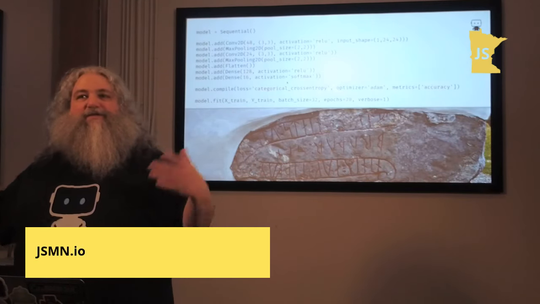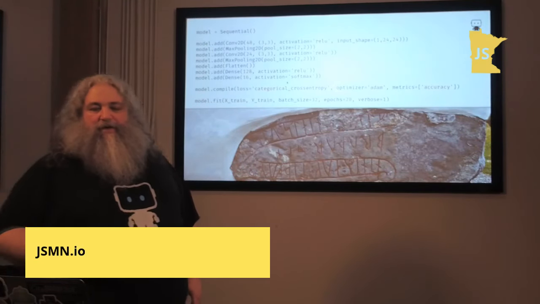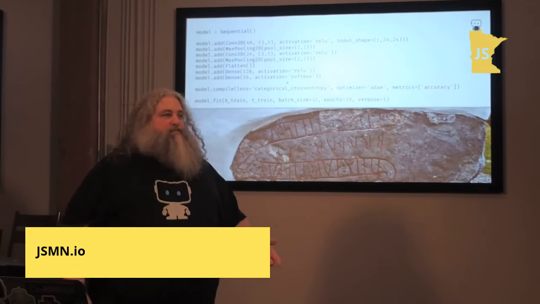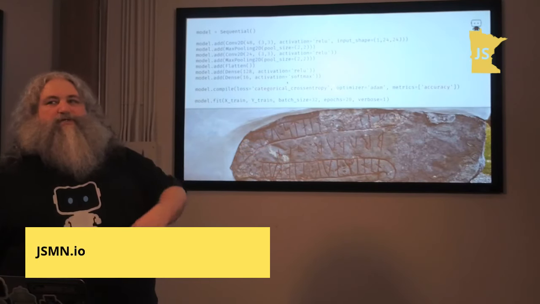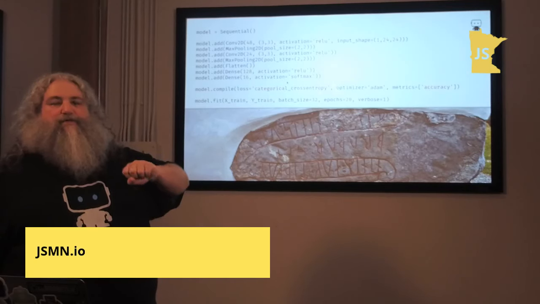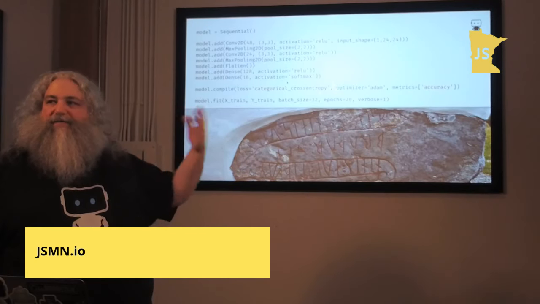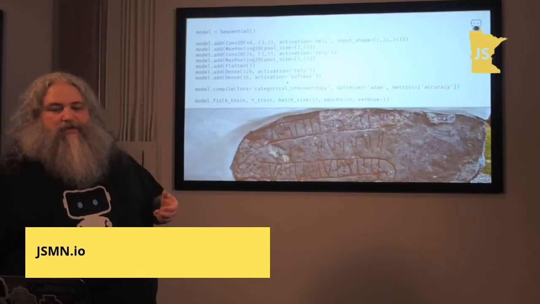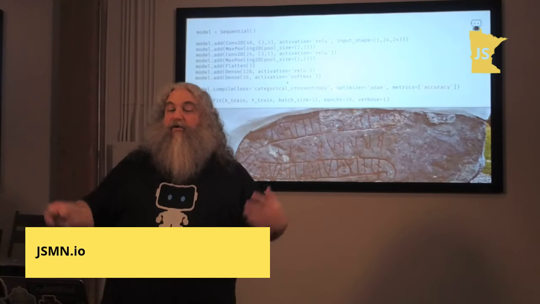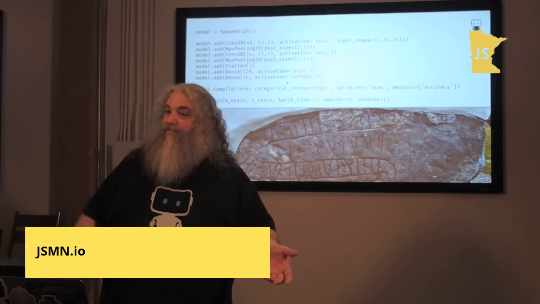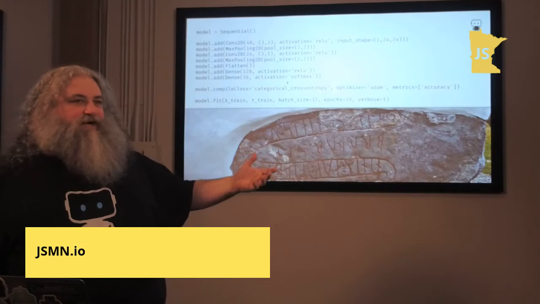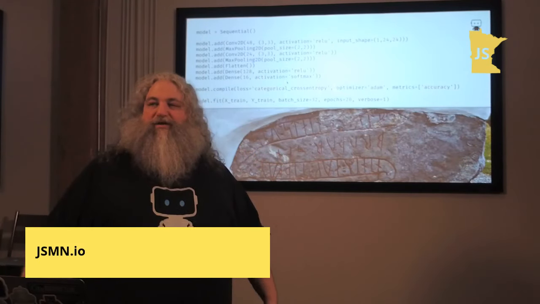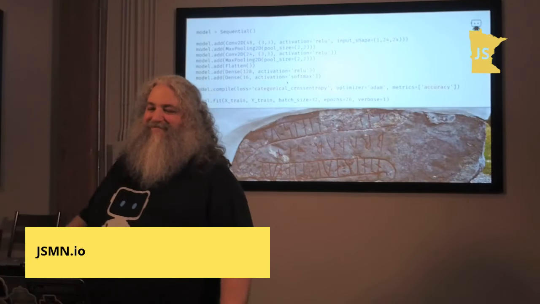It's the label. It's the thing we want to predict. We give it a batch size of 32, which means it runs 32 runes through it, calculates, runs 32, calculates, so it's doing 32 at a time as it does the back propagation until it's out of data. We'll go through that process 20 times. So epochs, go through our entire data set 20 times. And verbose of 1 means tell me all about it.